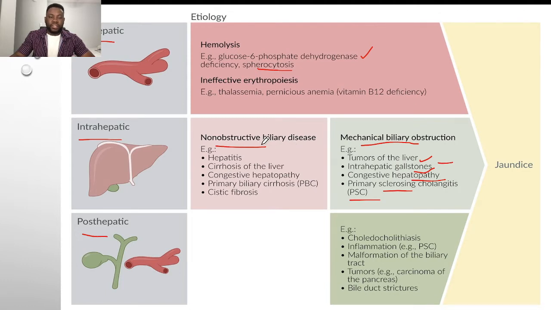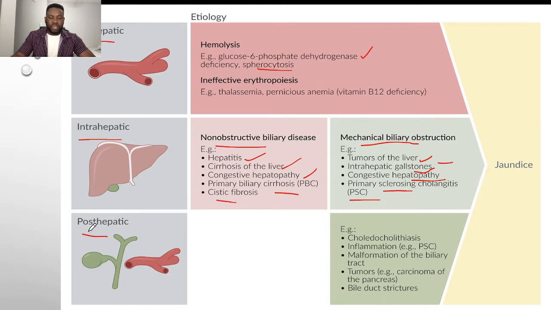Non-obstructive means that there is no obstruction. So these are diseases that usually affect the hepatocytes themselves and not the collecting duct system. So we have hepatitis, liver cirrhosis, again congestive hepatopathy, and we have primary biliary cirrhosis. Also, cystic fibrosis can also be a cause.